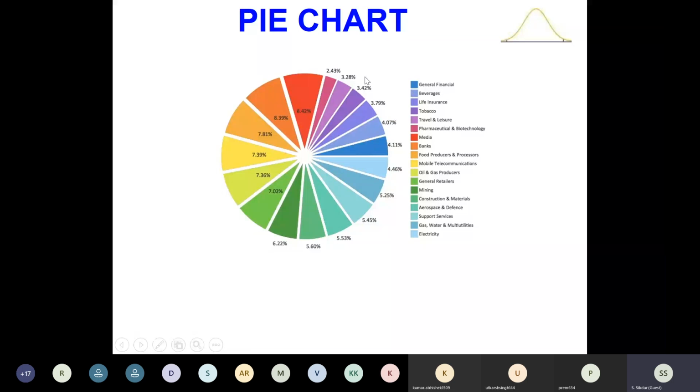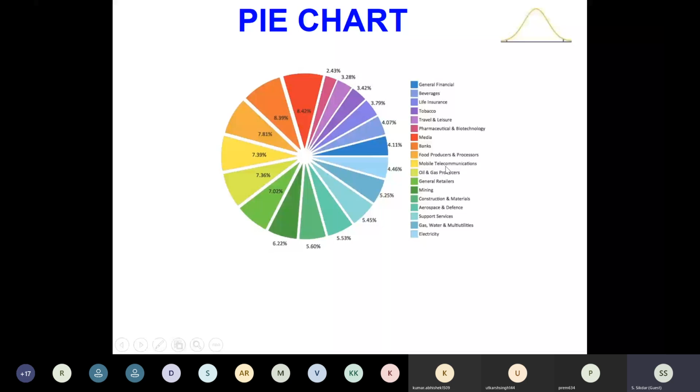I have 2.43%, 3.24%. In the form of a pie chart, one can easily show the distribution, which one holds how much. From this figure, this yellow color is 7.39%, and this color corresponds to mobile telecommunication.